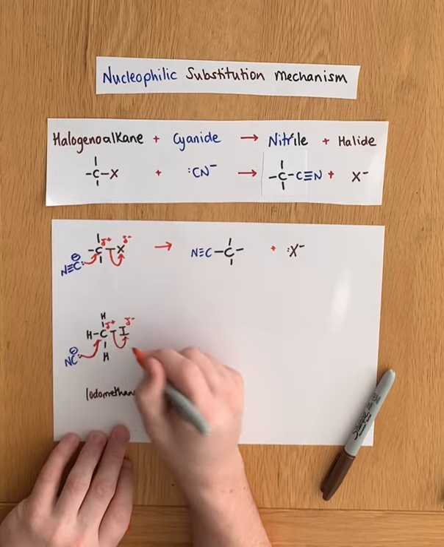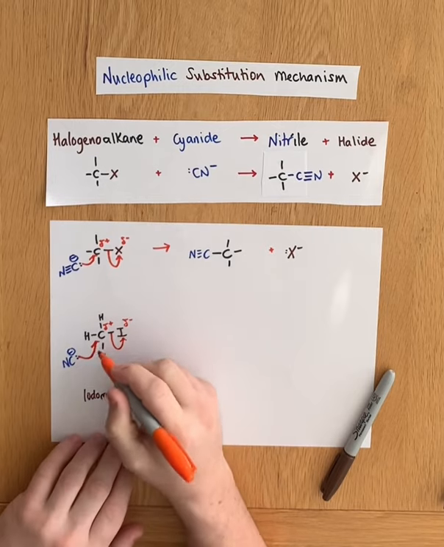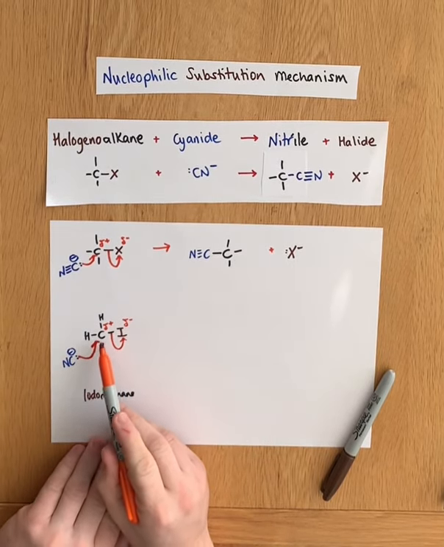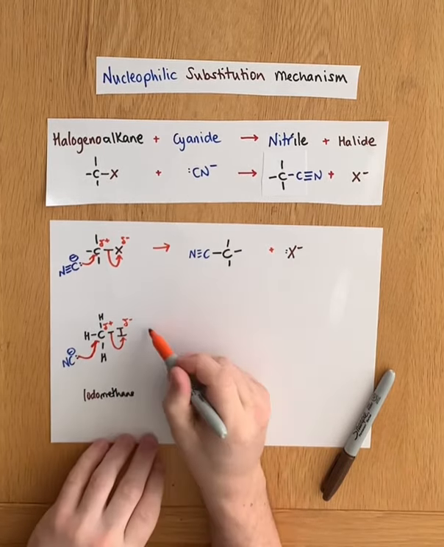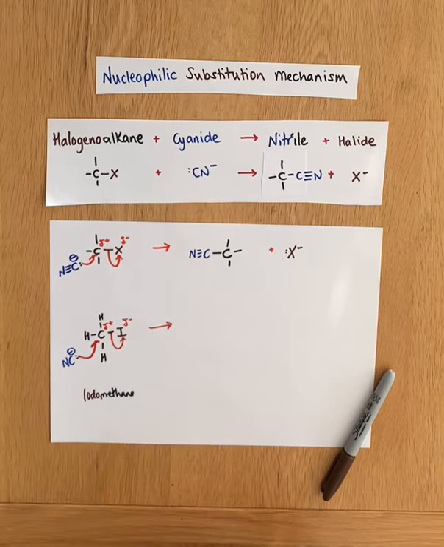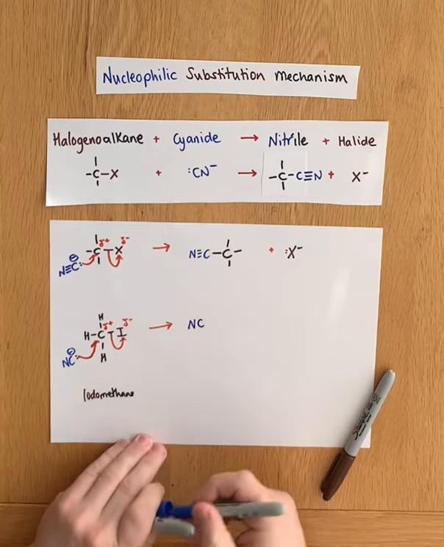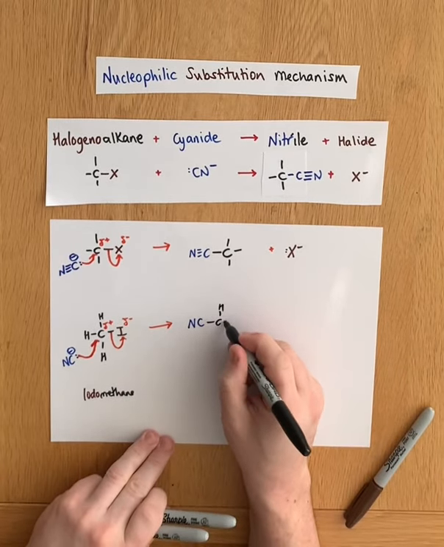Those electrons are going to be kicked out onto the halide. Not quite happy with that arrow because it should be pointing a bit closer towards the carbon. There we go. To form my product, my organic product.